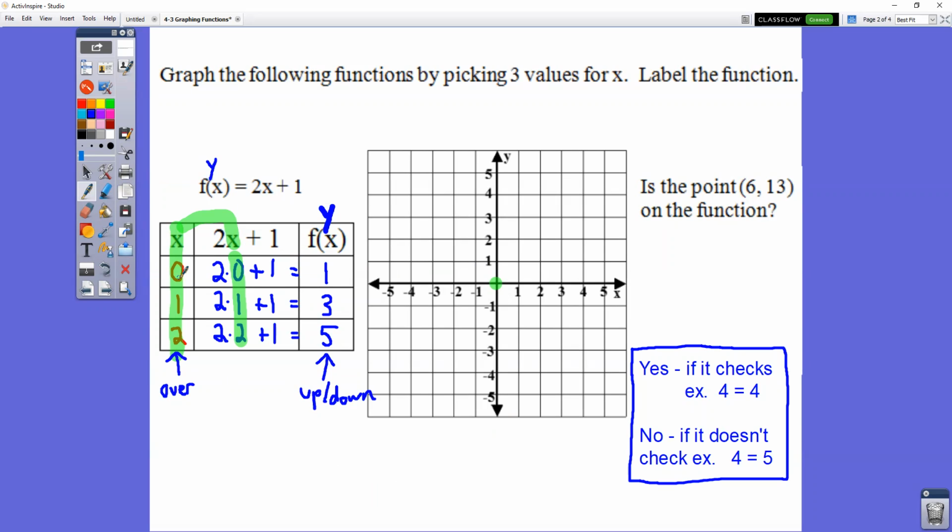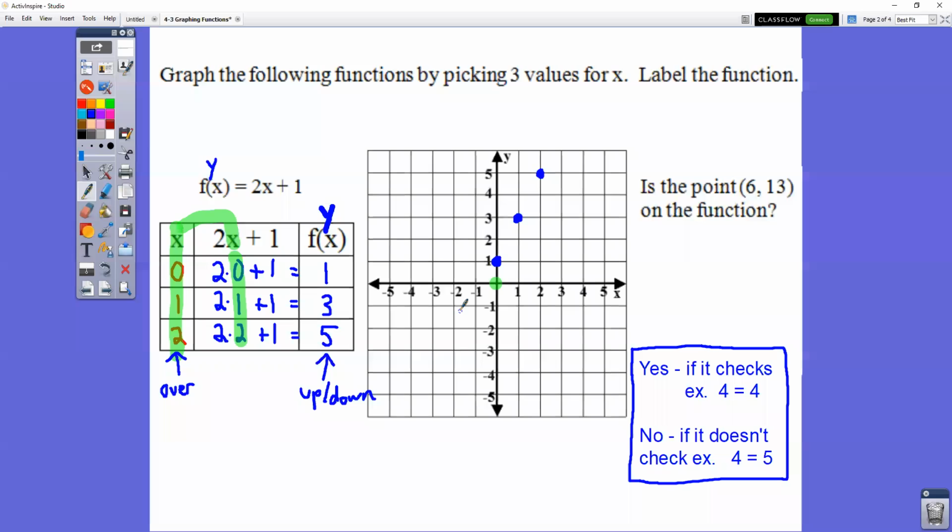The first point that we want to graph is 0, 1. Starting in the middle, over 0, up to 1. This is our first dot. Then 1, 3: starting at the green dot, over to 1, up to 3. This is our second dot. Then 2, 5: starting in the middle, over to 2, up to 5. Put your dot. This is our third dot.